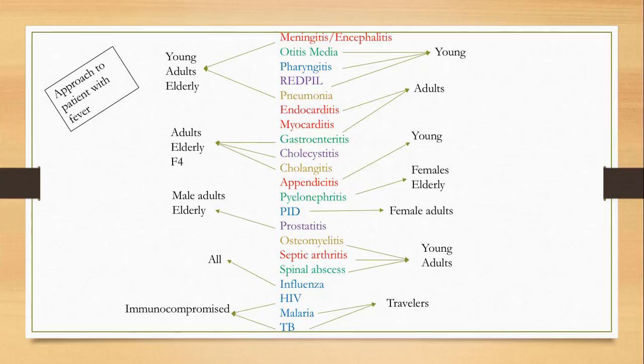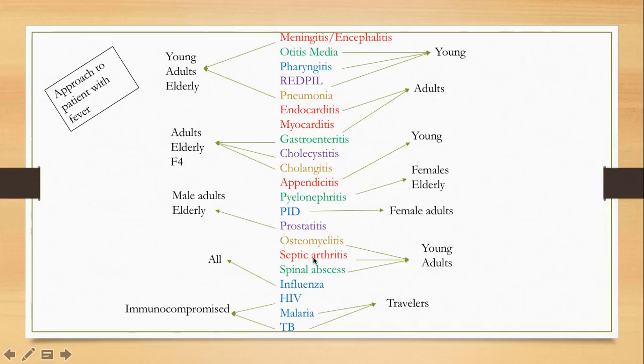Patients who present with appendicitis, generally they are very young. And then pyelonephritis patients can be young or old females, and then elderly patients as well. So pyelonephritis is one of the most common infections in nursing home patients. And then PID is generally female patients, and prostatitis is generally men.